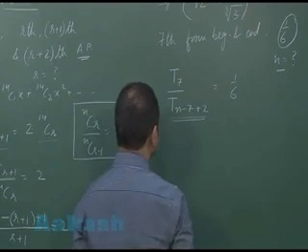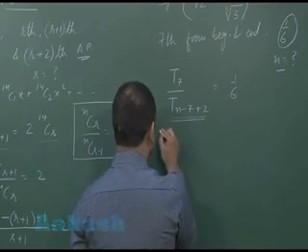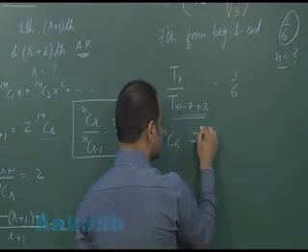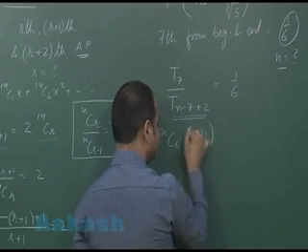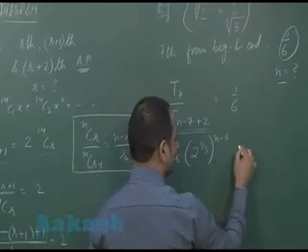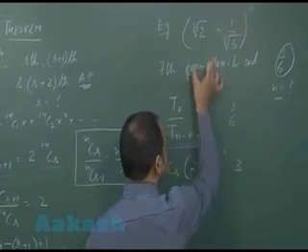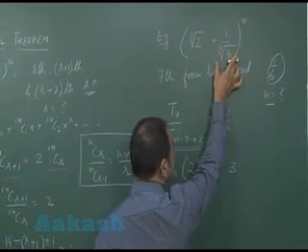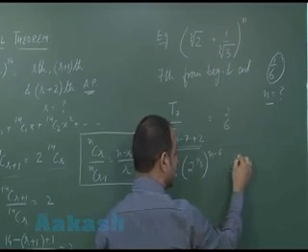What is t7 here? It is nC6 2 raised to the power 1 by 3 whole raised to the power n minus 6. x here is 2 raised to the power 1 by 3 and y is 3 raised to the power minus 1 by 3.